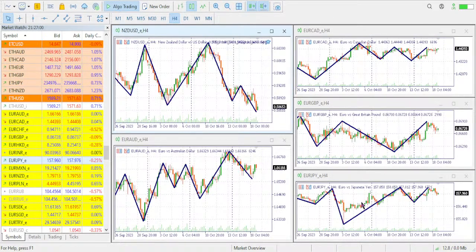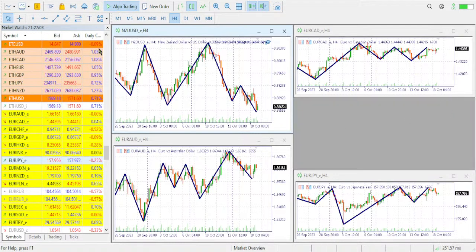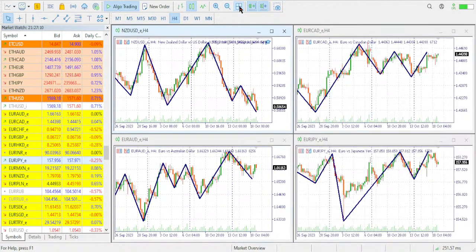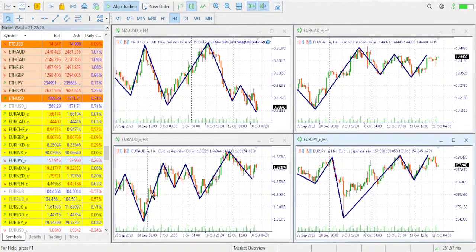Look at these charts. Look at what's happening on these charts. I have three pairs that have the same base currency but different quote currencies. So look at what has been happening on these three charts.